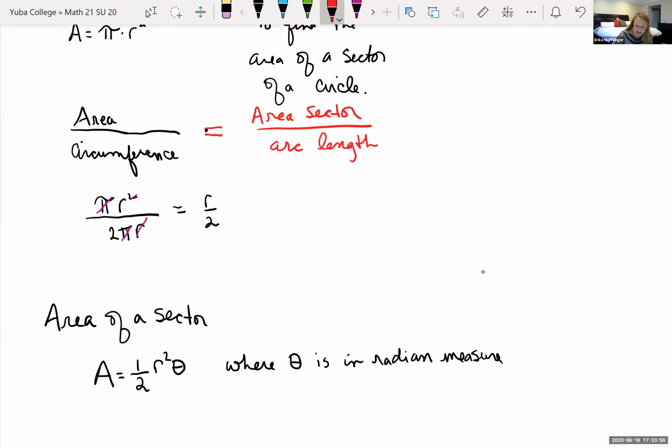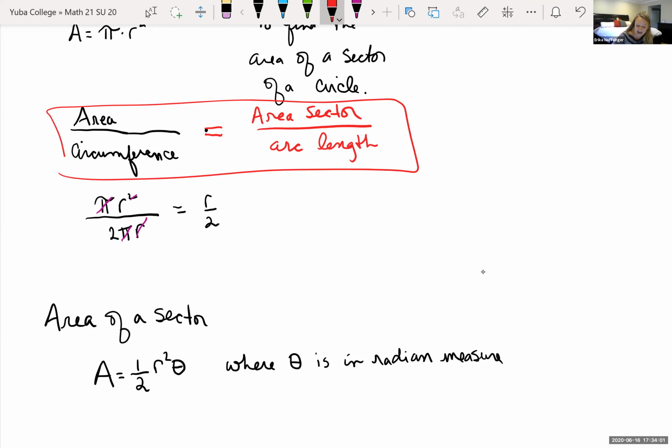So let's take this piece, because we're using proportions here. We know what the area, and maybe I shouldn't have reduced it at first, but that's okay. So we reduce this area over circumference. This is equal to the area of the sector, which we're trying to find, A, all over the arc length.